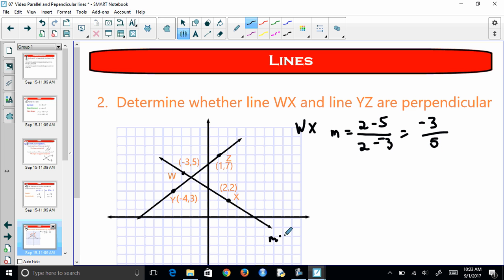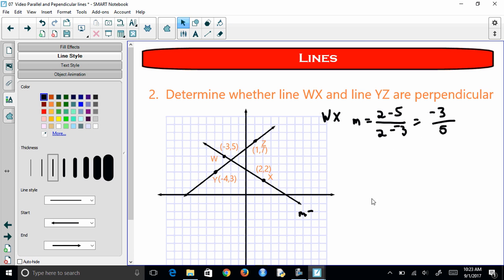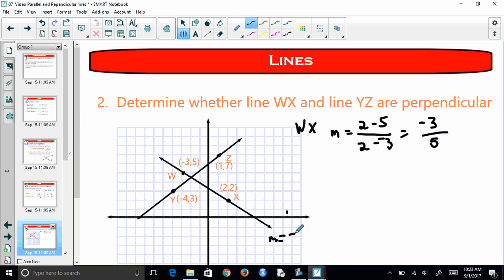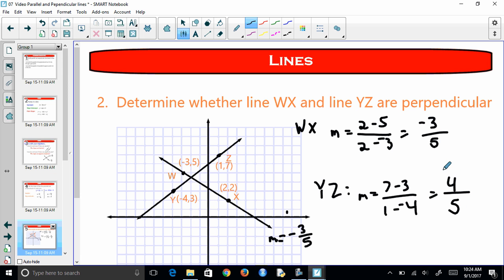So this has a slope of negative 3/5. Now if we want to figure out the slope of the other one, we could do 7 minus 3 over 1 minus negative 4. So that's 4 over 5. And these are not perpendicular because these are not negative reciprocals.